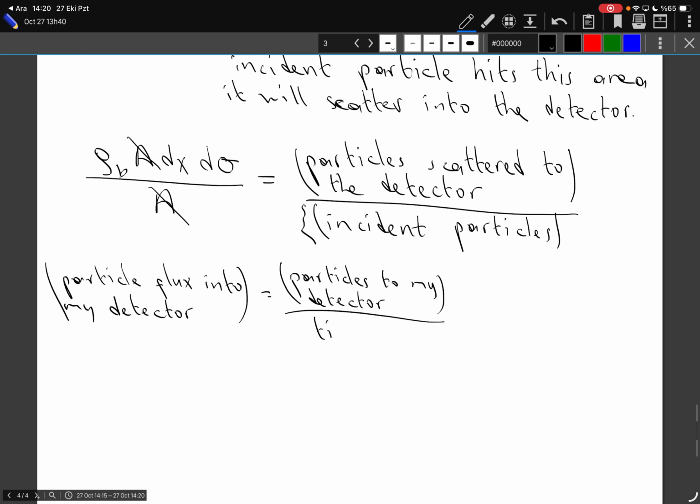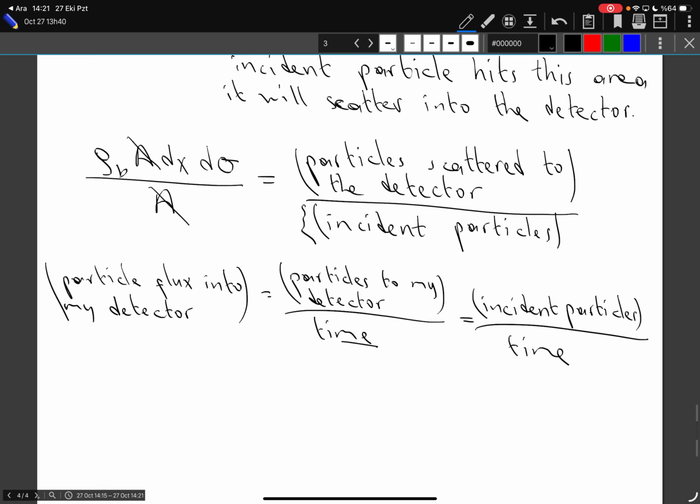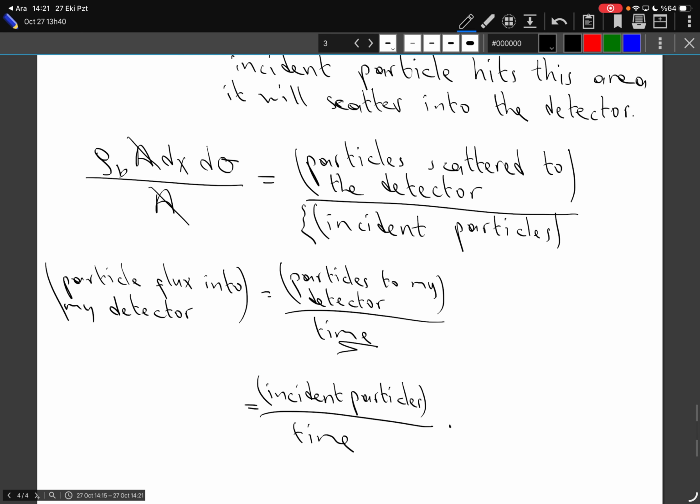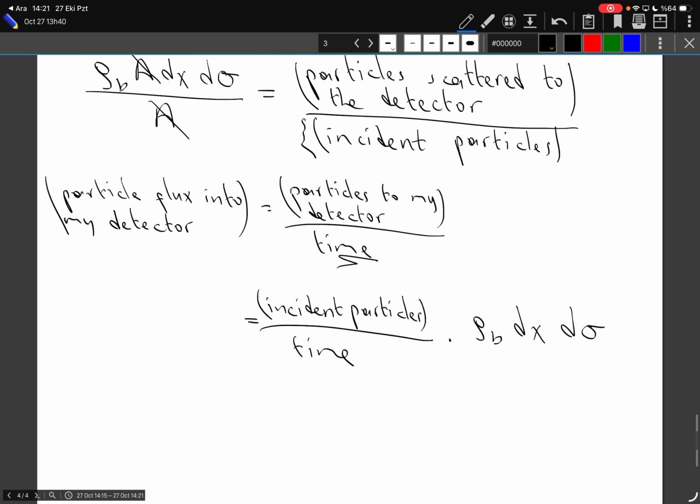Let me divide by time, per unit amount of time, which is 1 over, now this will be incident particles divided by time, times rho b dx d sigma.